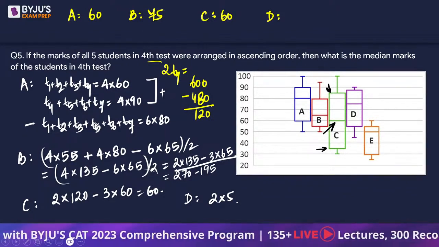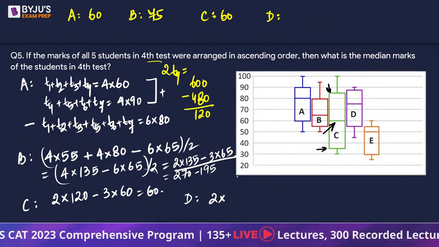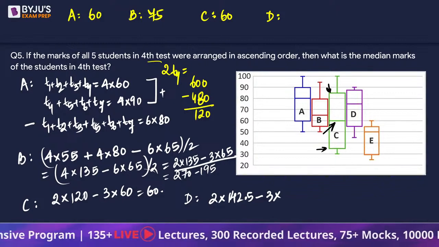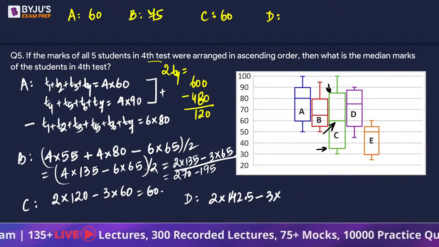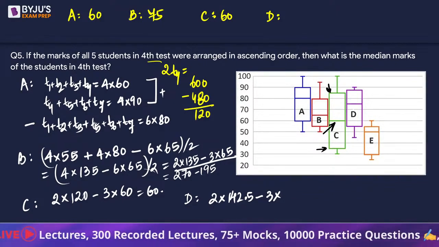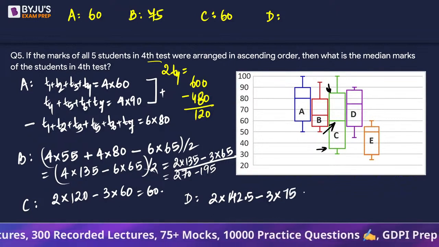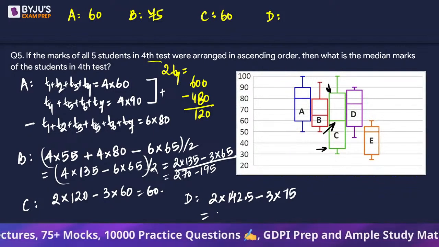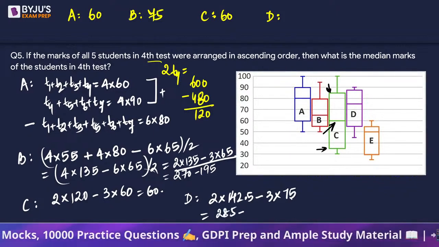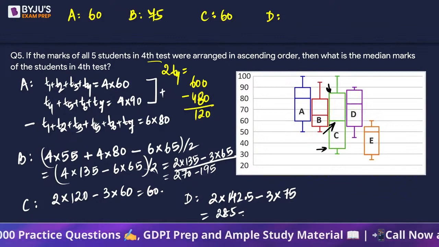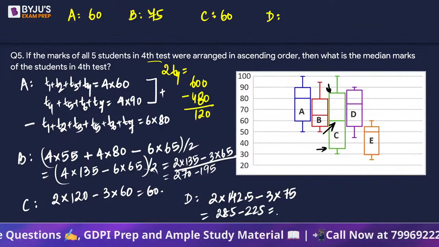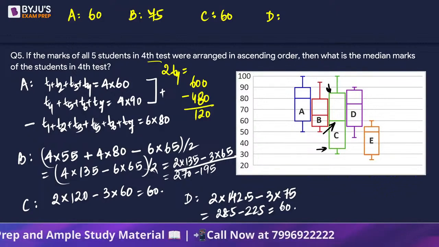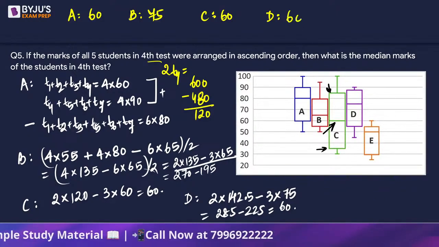So 142.5 is what we will have. 2 into 142.5 minus 3 times ये middle वाला जो है line purple, which is at 75. So this is going to give us 285 minus 225. Okay, this still gives us 60. Okay, iska bhi 60 hai.